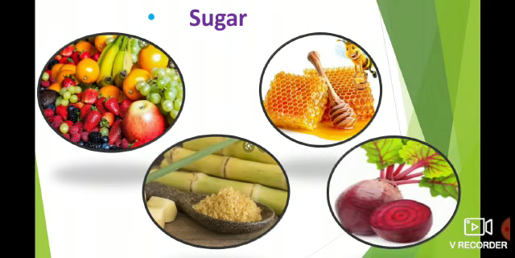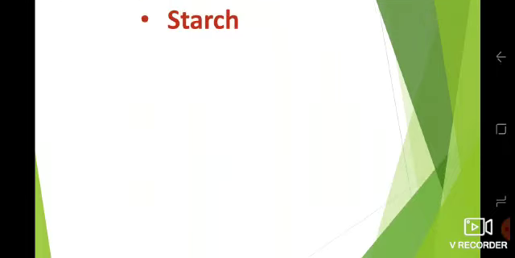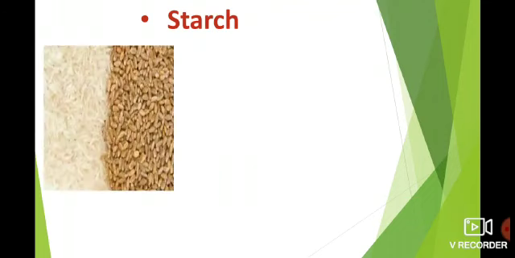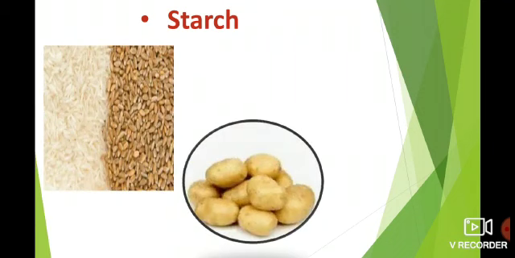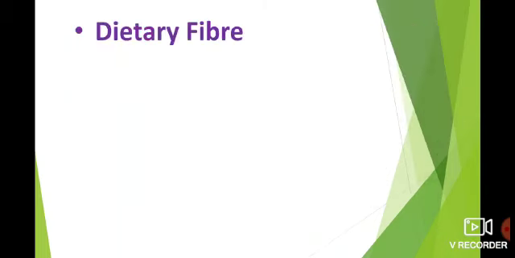These are the sources of sugar. Second one, starch. Starch is also a form of carbohydrate and its sources are rice, wheat, potato and maize. These are the sources of starch.